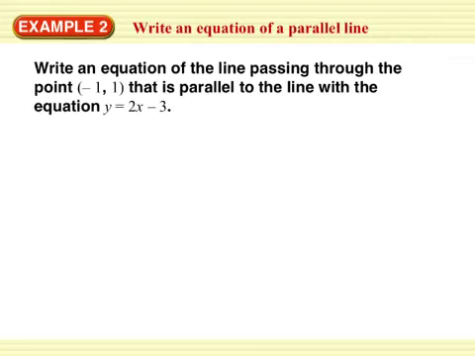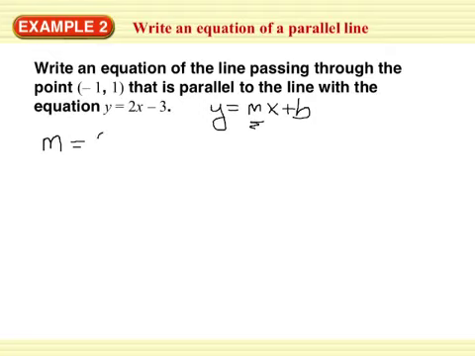Okay, let's try another one. Write an equation of the line passing through the point negative 1, 1 that is parallel to the line with the equation y equals 2x minus 3. First, we need to find the slope. This is y equals mx plus b.